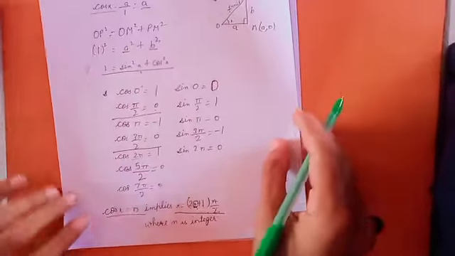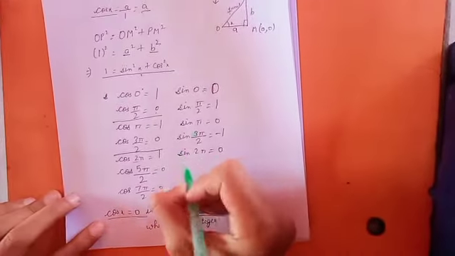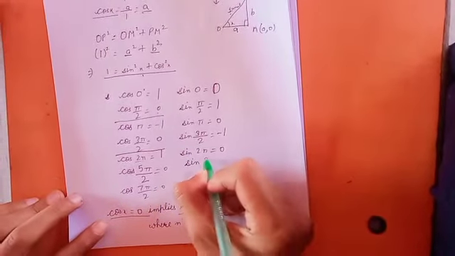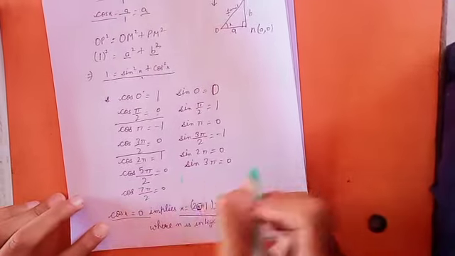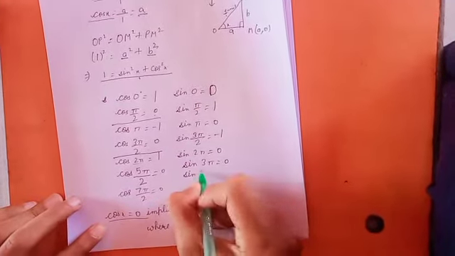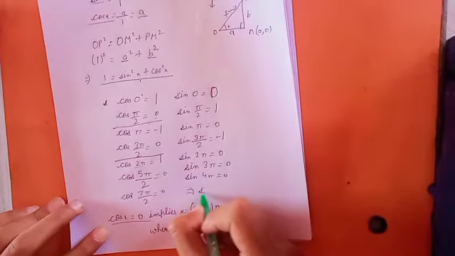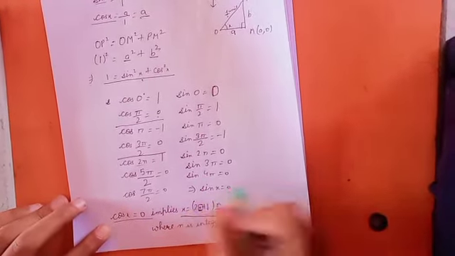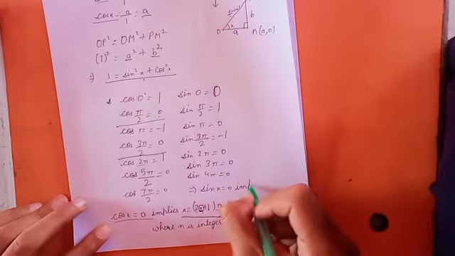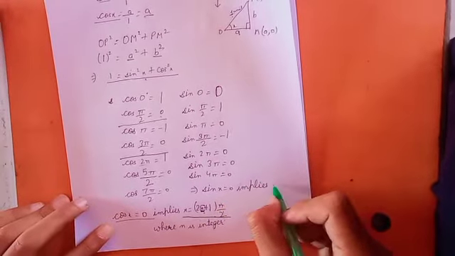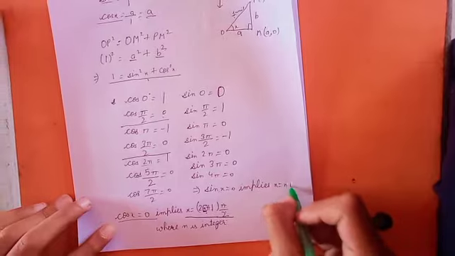Now if we talk about sine, sine 3 pi will be 0, sine 4 pi will be 0. This means that sine x is equal to 0, x being any angle, implies that x is equal to n pi.